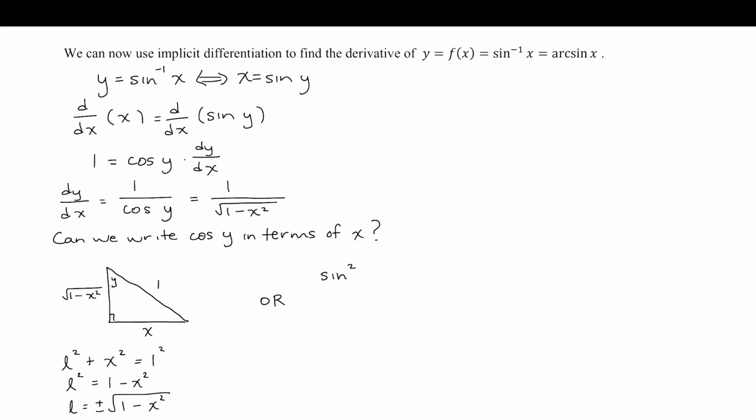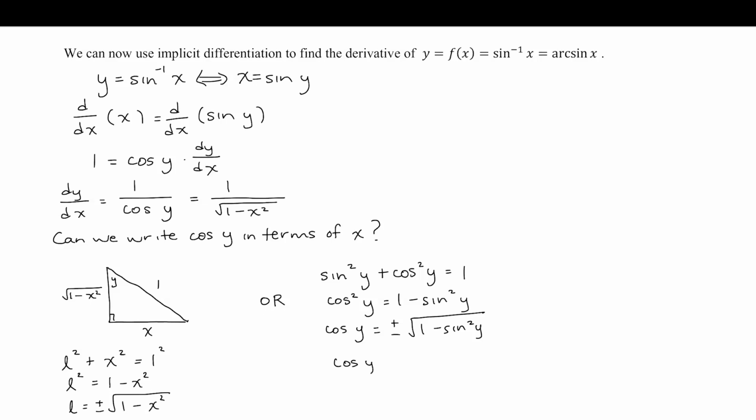Now, just so you know, another way that you could approach this is using the Pythagorean identity, sine squared y plus cos squared y equals 1. Again, I'm trying to find cosine of y. Cos squared y then is 1 minus sine squared y. The cosine of y, taking the square root of both sides, is plus or minus the square root of 1 minus sine squared y.